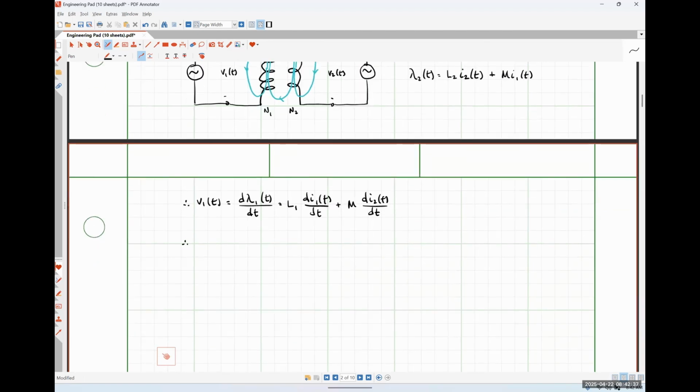And our induced voltage V2 is simply going to be the derivative of flux linkage 2, which will just be L2 times the derivative of I2 plus M times the derivative of I1. So each of the voltages is composed of a self term due to self-inductance and a mutual term due to mutual inductance.